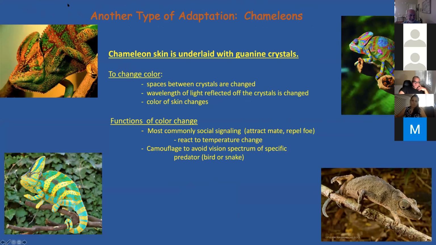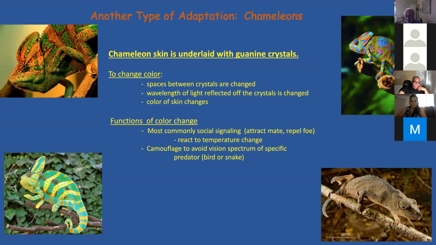Now here's one that I put in just because I think it's cute. Chameleons. Because it's another example of adaptation, and the color changes are not evolutionary changes. So how do chameleons change their skin color? Well, their skin is underlaid with crystals of guanine.